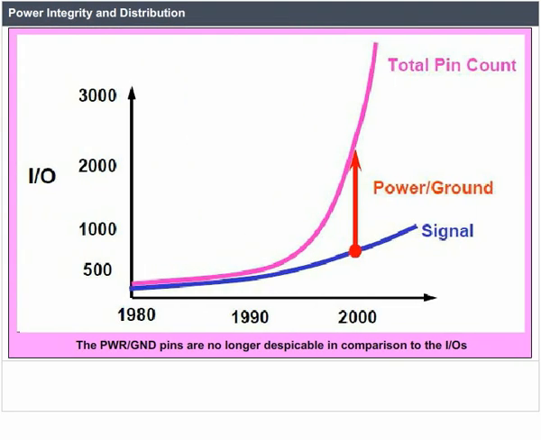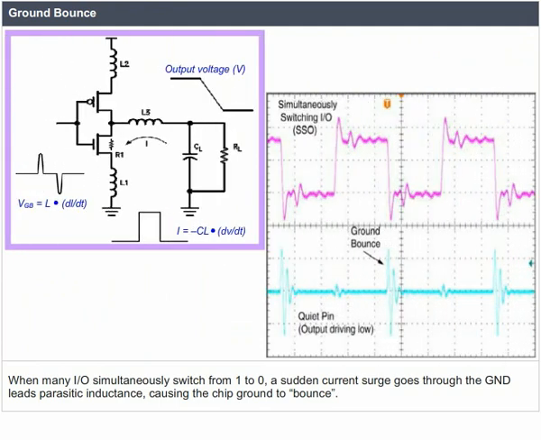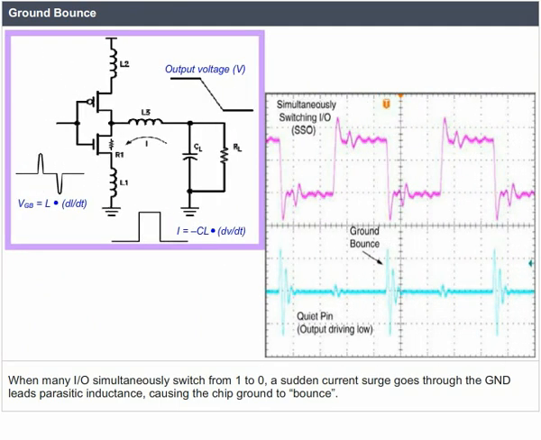Power integrity and distribution. The power and ground pins are no longer negligible in comparison to the inputs and outputs. Ground bounce. When many input-outputs simultaneously switch from 1 to 0, a sudden current surge goes through the GND leads' parasitic inductance, causing the chip ground to bounce.